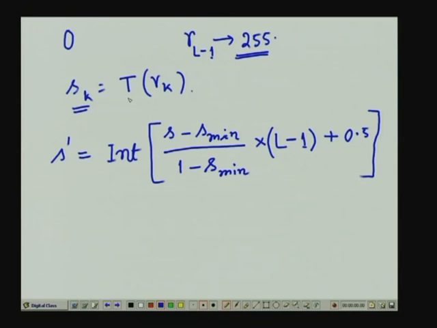Now, let us take an example to illustrate this. Suppose we have an input image having 8 discrete intensity values, that is r varies from 0, 1, 2 up to 7. Similarly, the processed image that we want to generate will also have 8 discrete intensity values varying from 0 to 7.